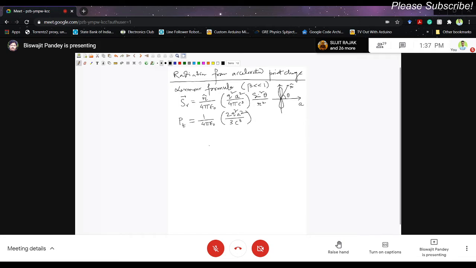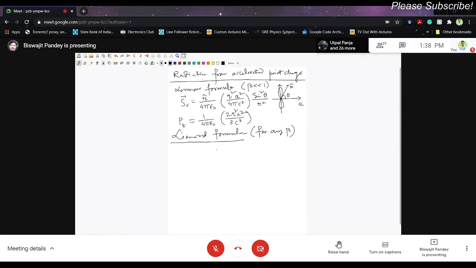This is the Larmor formula. And then we discussed the Liénard formula, which is applicable for any beta, because it is not limited to only the non-relativistic regime. It is applicable for any velocity.